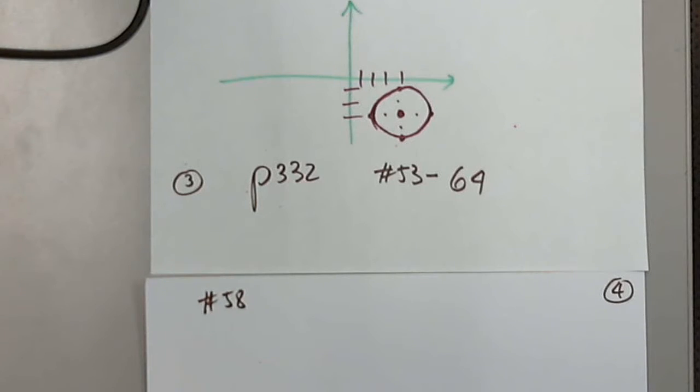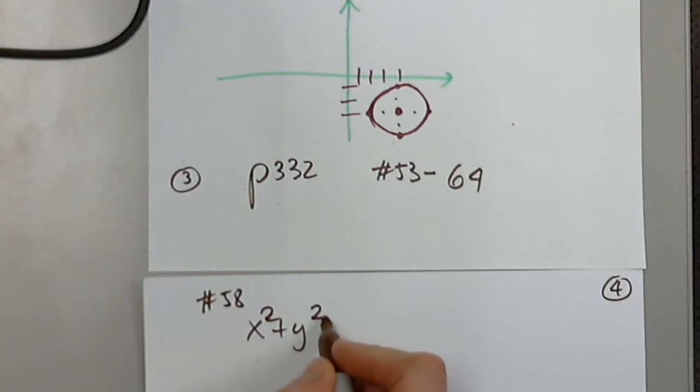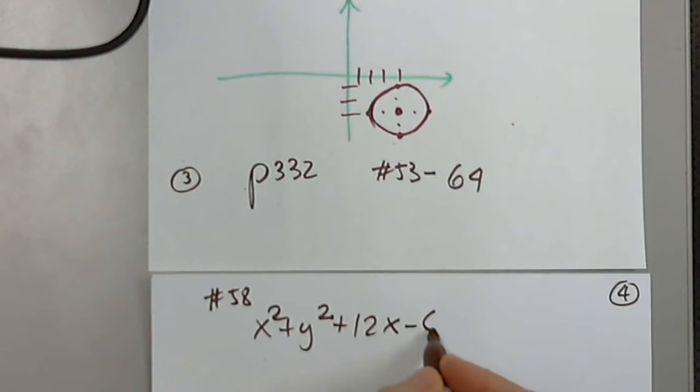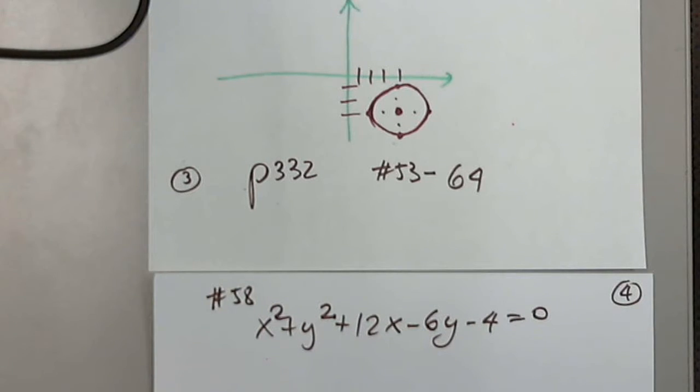58. x squared plus y squared plus 12x minus 6y minus 4 equals 0. What does this have to do with the circle? Good point.